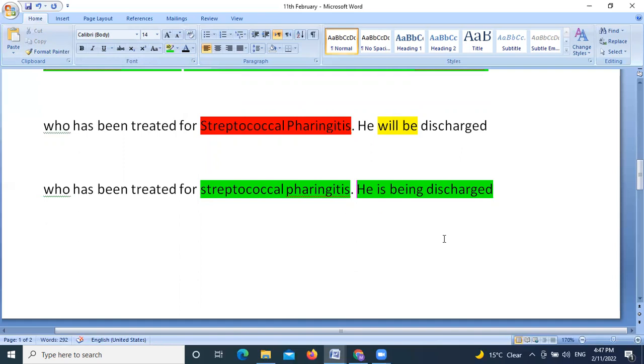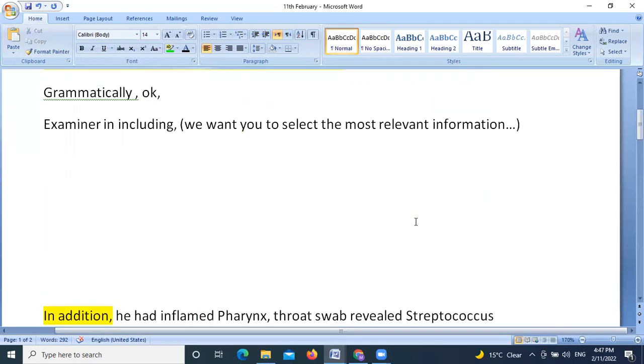He is being discharged. So please be careful about these small things, because this is an English exam, not a medical exam. If it was a medical exam, then these small mistakes would not matter. But as this is an English exam, these things matter a lot. They are not checking our medical knowledge; they are examining our English knowledge. So be careful about these small mistakes.